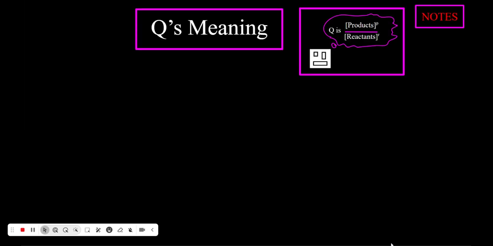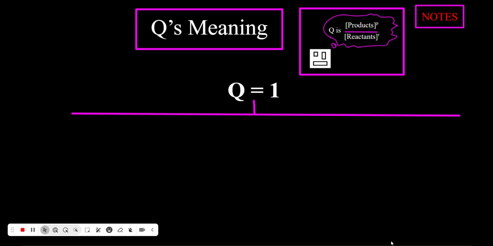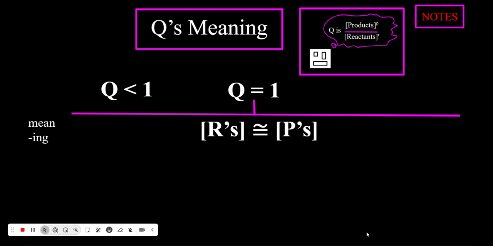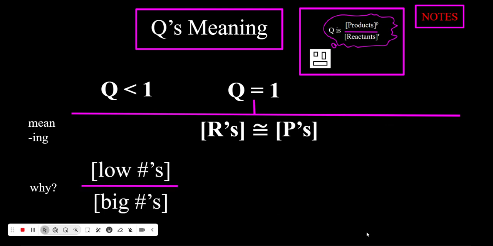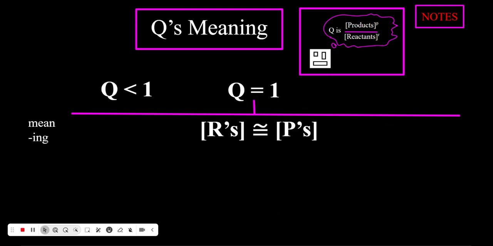Now, what it means is you could think of Q being greater than 1 or less than 1. If it's around 1, it means the concentration of your reactants is around the concentration of your products.